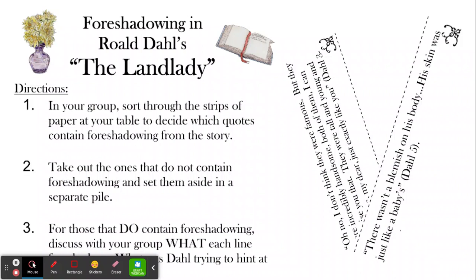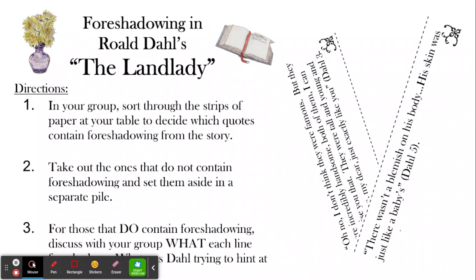You'll see written in black Sharpie on the bag which person should be leading that group. I want the leader to take all the pieces out of the bag and separate them out individually around your table group so that everybody has access to each of those pieces. Then, as a group, sort through these strips of paper.